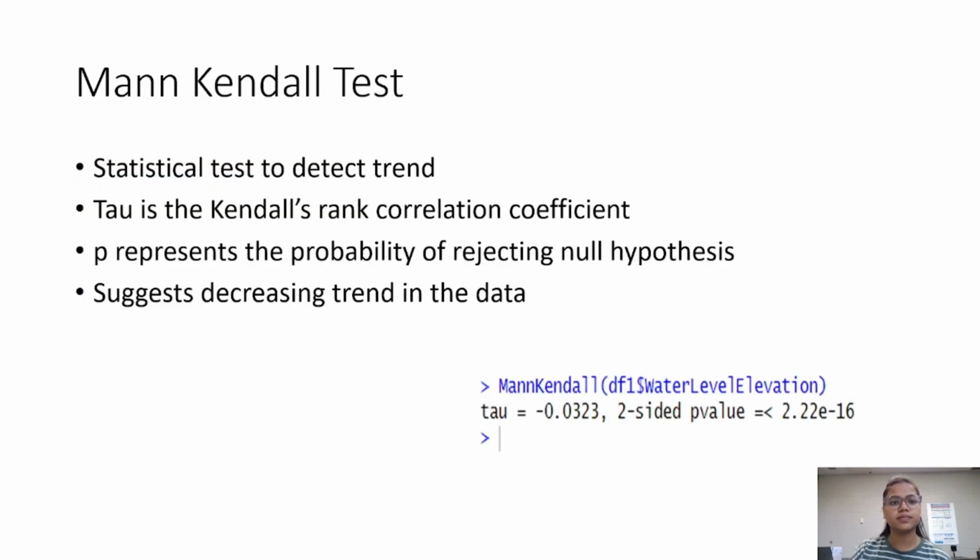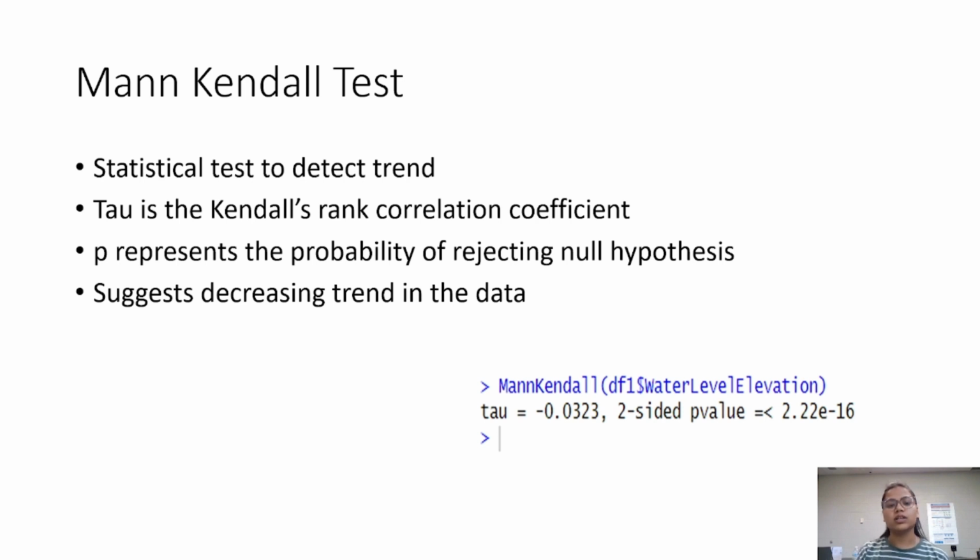Then I performed the Mann-Kendall test. The Mann-Kendall test is a statistical test that helps to detect a trend. Here, tau is Kendall's rank correlation coefficient, and p represents the probability under the null hypothesis.